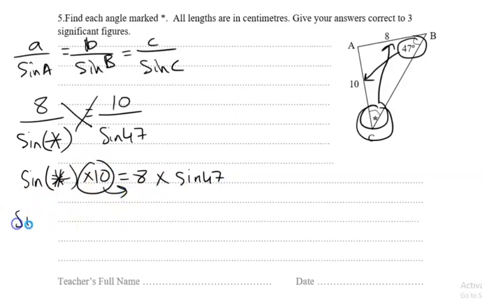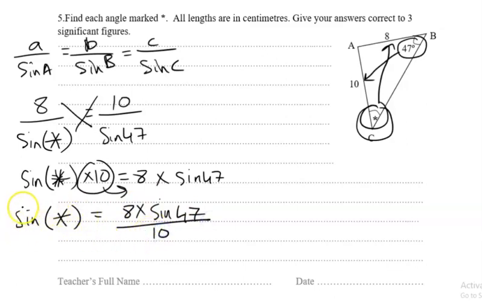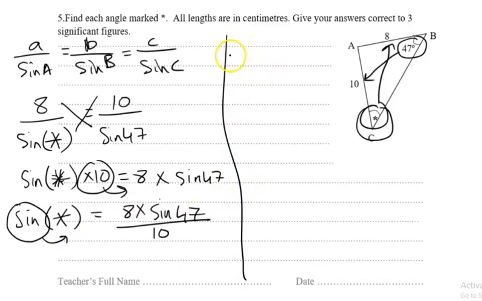It becomes divide. So it equals 8 times sine 47 divided by 10. Now you just want this by itself, so we're going to take the sine to the other side. It becomes sine inverse. It's going to equal sine inverse of 8 times sine 47 over 10.